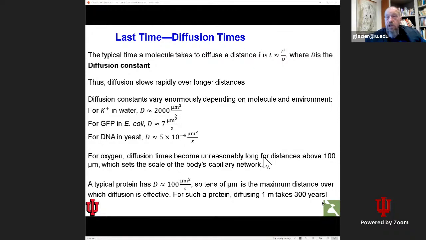A small molecule like GFP, 7 microns squared per second. And a big molecule like a DNA chromosome, 5 times 10 to the minus 4th microns squared per second. So you have a range of about 10 to the 6th in diffusion constants for typical molecules that you might deal with.